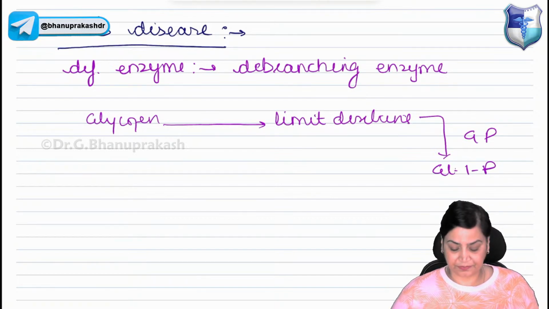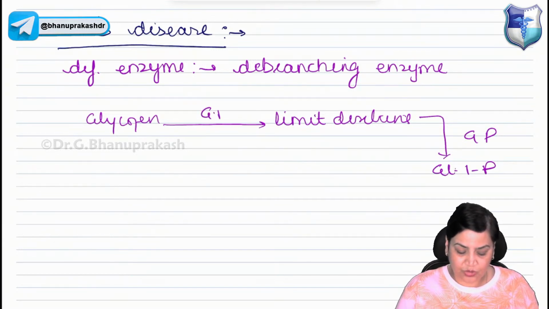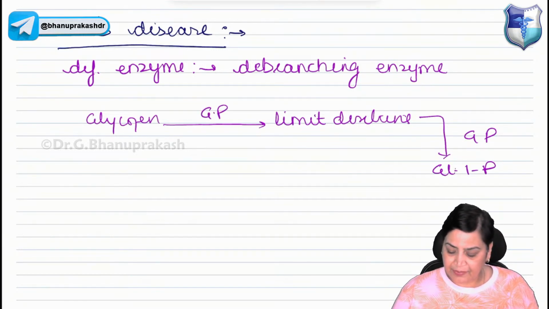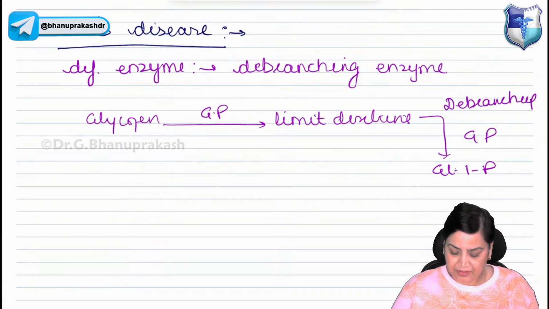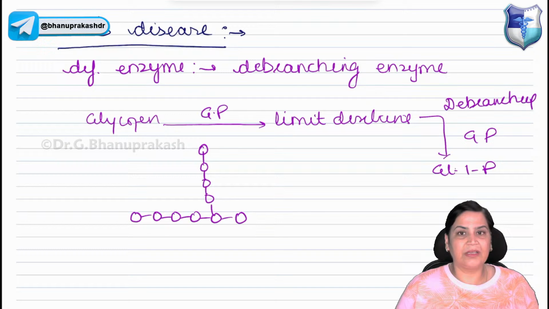Do you remember anything? Glycogen was first of all converted with the help of glycogen phosphorylase to limit dextrins. And here basically this debranching enzyme functions. It was like this, limit dextrin was this type of molecule 1, 2, 3 and 4.